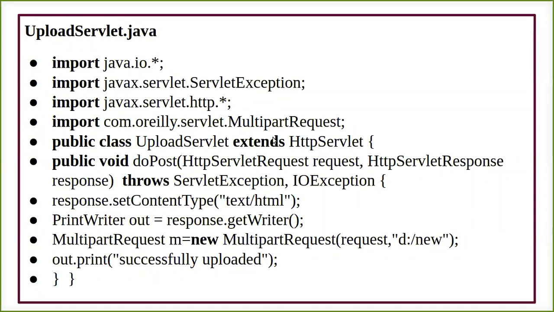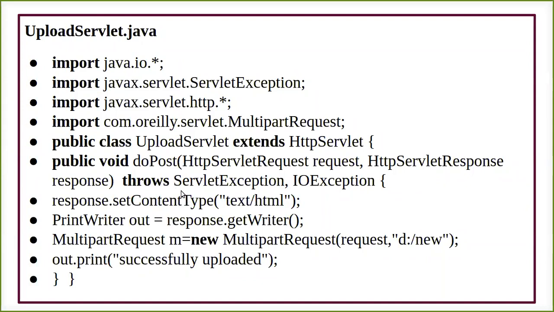So I write implements Servlet, because it's an interface, and instead of writing this method I replace it with the service method. Once it is the service method, I don't have to write the word HTTP, because it is not protocol specific. We just remove this HTTP; it will be just ServletRequest and ServletResponse. I think we have done all this enough times. I'm revising it again and again so that you'll remember.